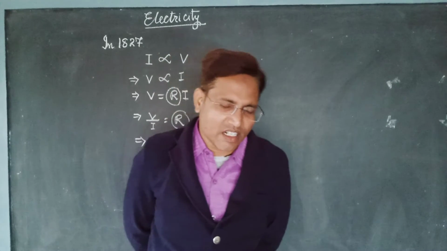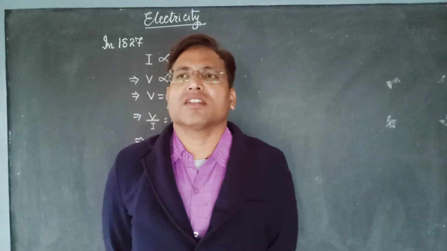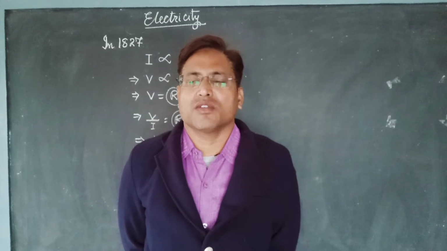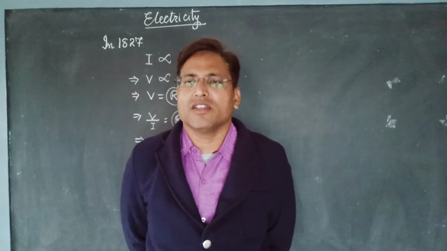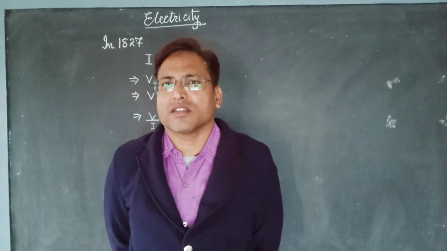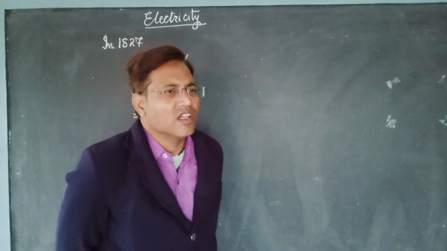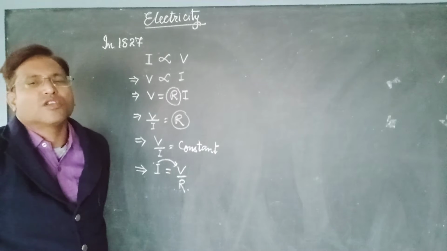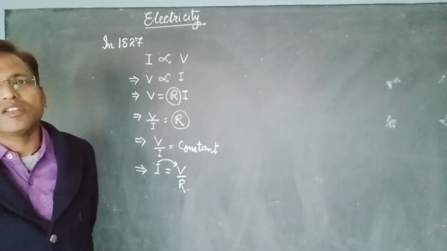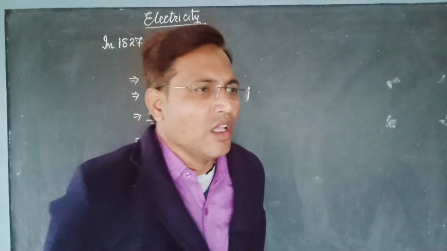You can write that definition, or you can write this definition also, that conductors are those substances which have low electrical resistance, and insulators are those substances which have high electrical resistance. That means resistance is the property by which a substance opposes the flow of electric current. That means it is not allowing electric current to pass through them.